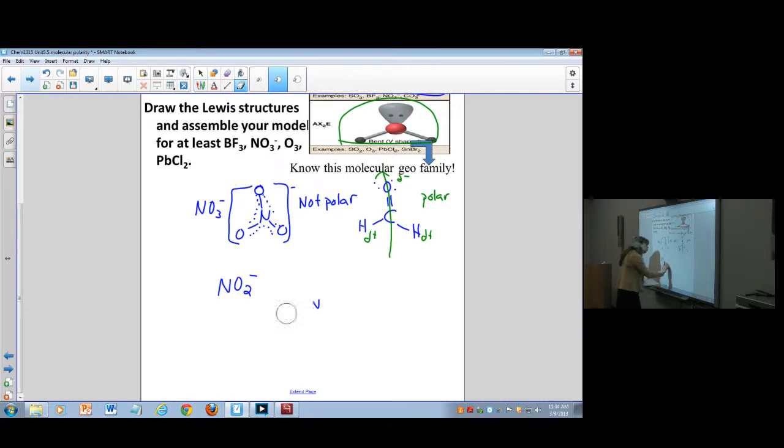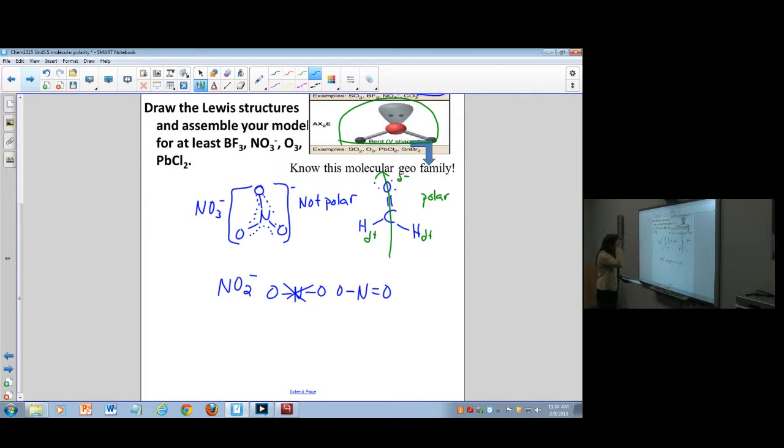When you first draw this structure, you'll end up with something like this. Then you're going to discover that you can't fulfill the octet rule unless you make one with a double bond and one without. Well, this is a resonance structure. Again, we've looked at that. Oh, and I need to have my lone pair of electrons up here.